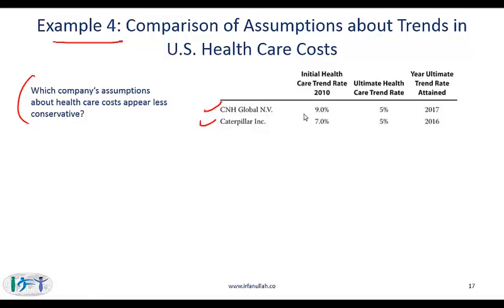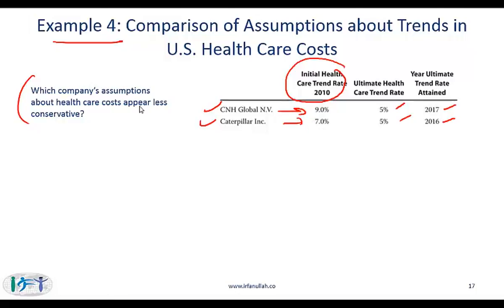If you are looking at these numbers, the initial healthcare trend rate, this is saying that for CNH, the assumption is that healthcare cost will go up at 9% till 2017, and Caterpillar is assuming an increase in cost of 7% per year till 2016, and both companies are assuming that ultimately healthcare cost will go up at 5%.